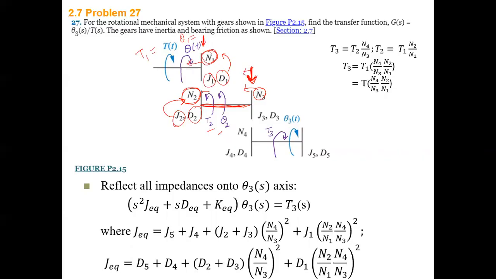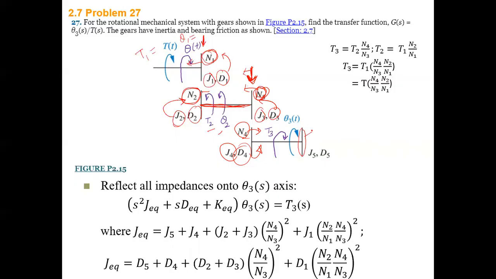Right next to it, you have N2, N3, J3, and D3. Then right next to this guy, on the right hand side rather, you have N4, J4, and D4. Similarly, this is again inertia.